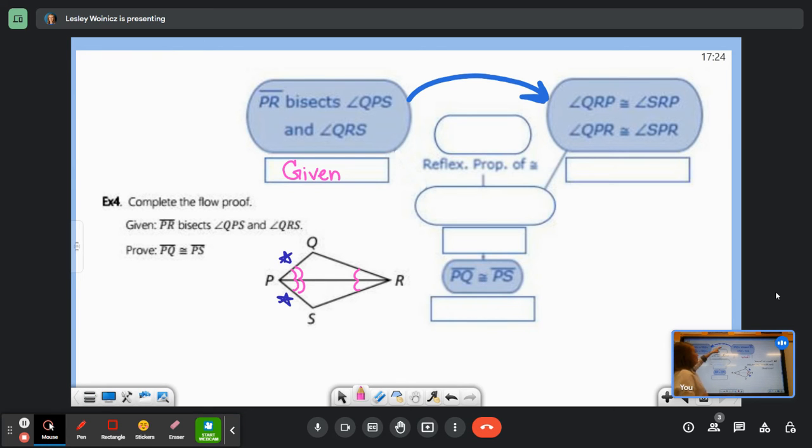Okay, so we know these little baby angles were made congruent to each other because of this bisector. That's the definition of a bisector that did that. Definition of angle bisector.